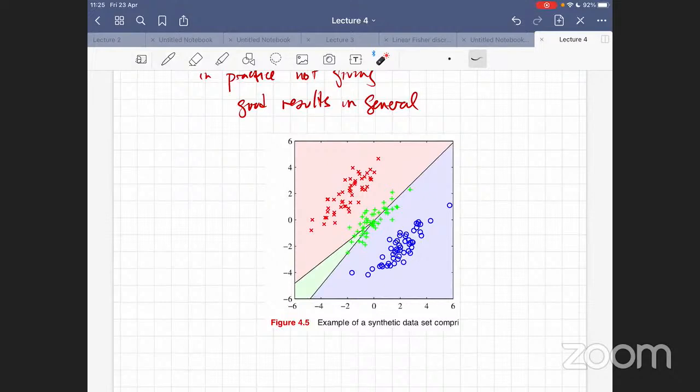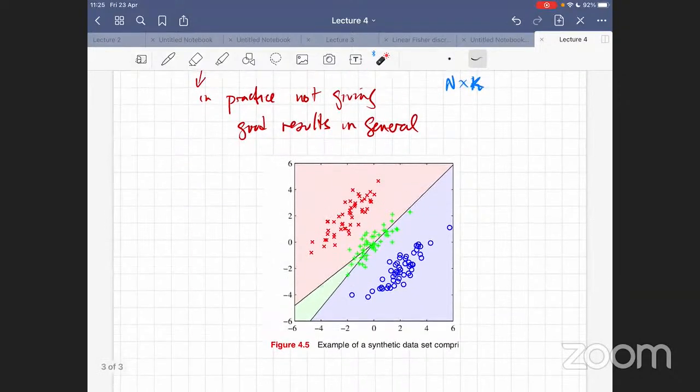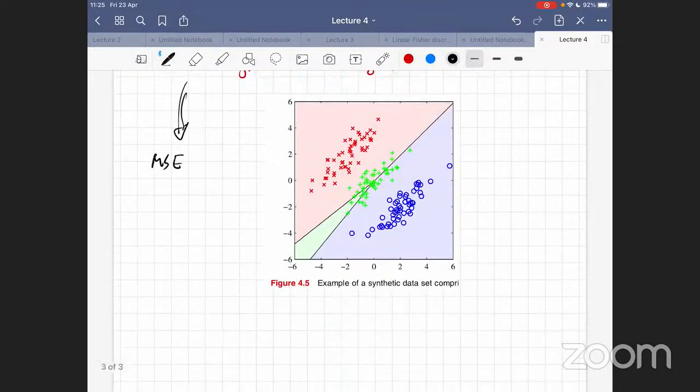There are other problems with this, but the reason why this strategy is not so good is that by minimizing the mean square error, or the least square solution, this is assuming that the output is Gaussian.